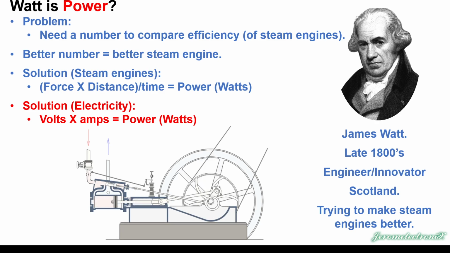And if we had four pieces of information, any four pieces of information, we could combine them to find the missing fifth piece of information. So if we had force, distance, time, and amps, for example, we could calculate the volts of electricity required to power this engine. We could talk about it in terms of volts instead of force, I guess.